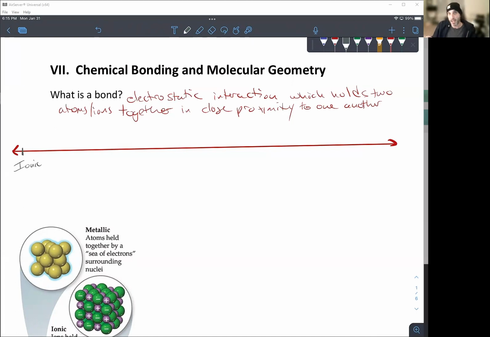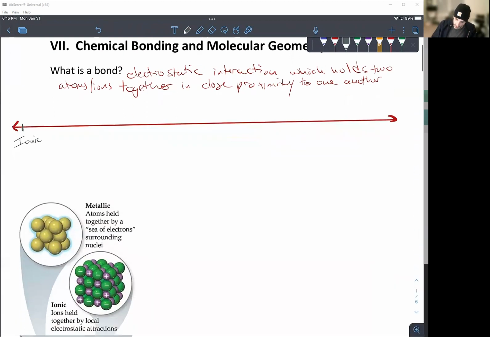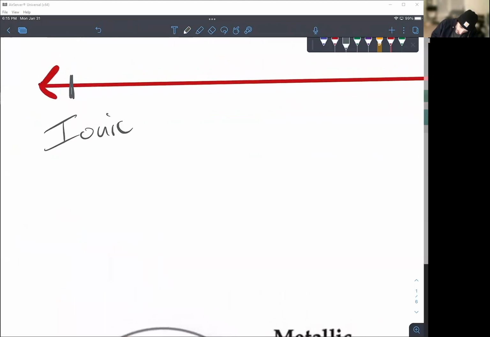Okay, so an ionic bond is a transfer of electrons. And the reason that electrons transfer is because there is a very large electronegativity difference, or delta, right? It's a very large electronegativity difference.